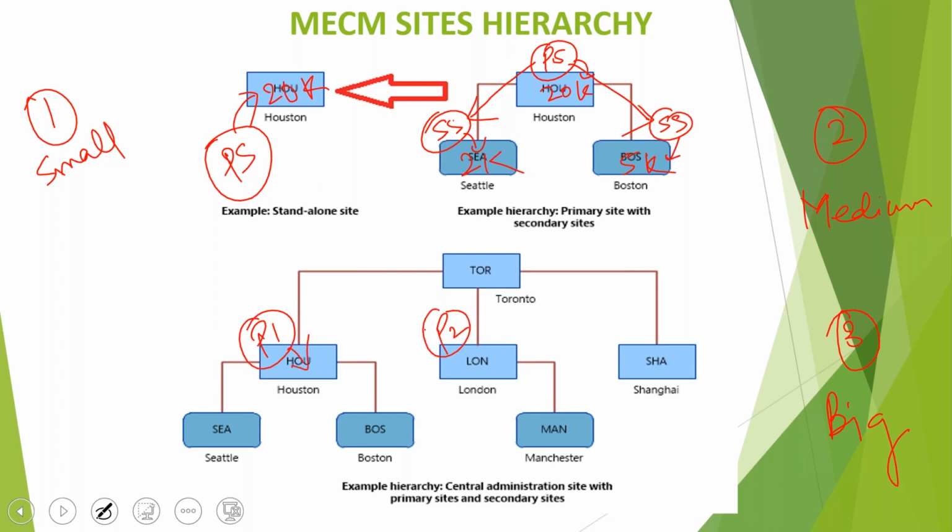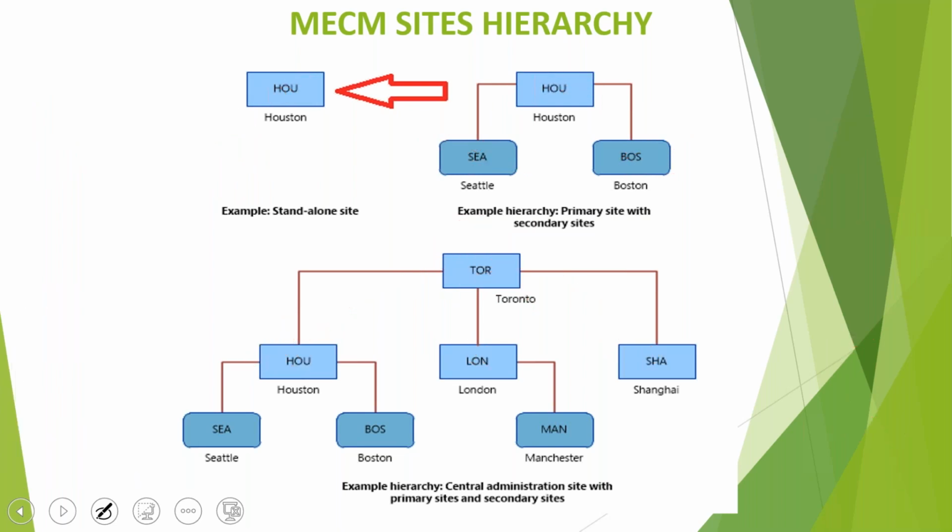Primary 2 will be managing all the devices in the Europe region. Primary 3 will be managing all the devices in the Asia Pacific region. And when you have more than one primary, then you can install a CAS. All the primaries will report to CAS like this. This kind of deployment we do in big organizations like Accenture, Deloitte, IBM.